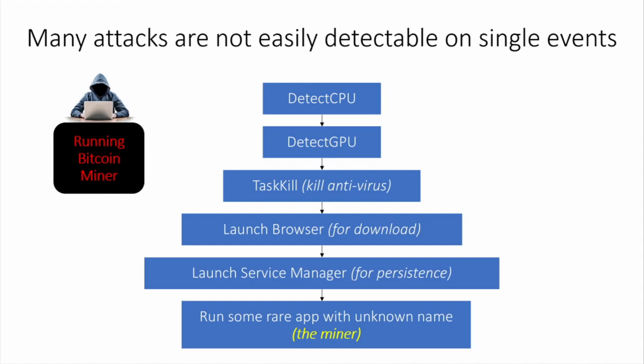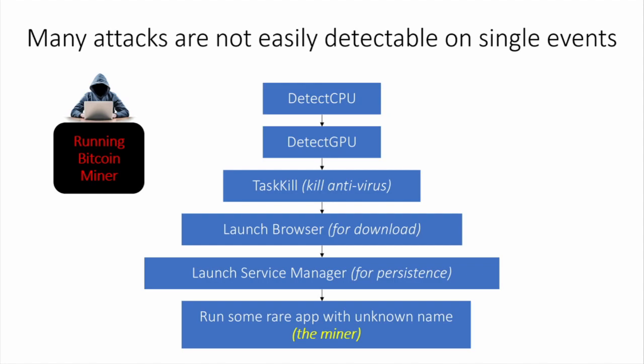For instance, first he will detect the CPU of the machine, then detect the GPU, then do a task kill to kill the antivirus, then download a payload using a browser or wget, for instance. Then he will launch a task using Service Manager for persistency, and then he will finally run some app that is usually a Bitcoin miner, but it can be many different things.